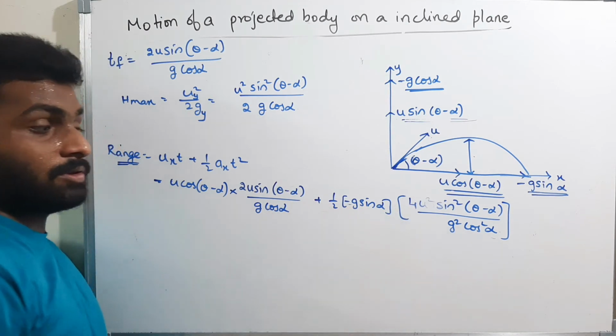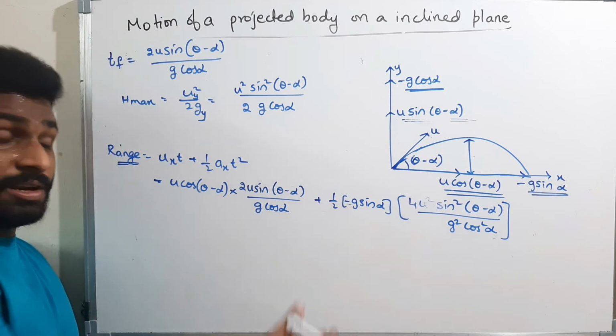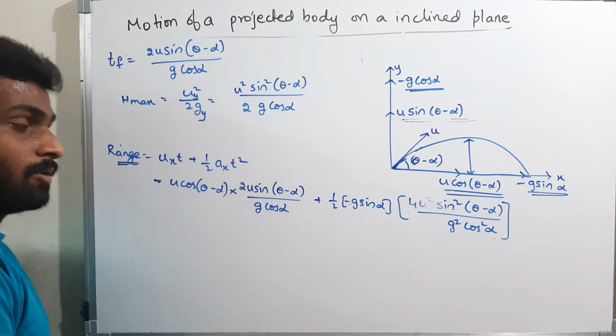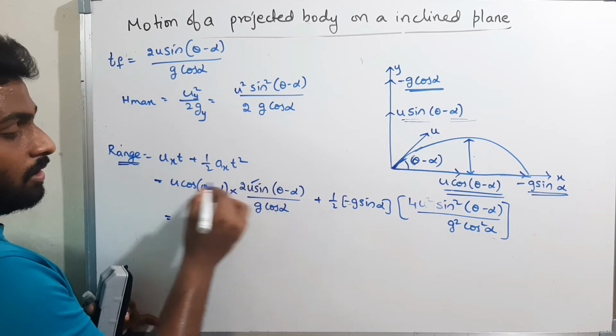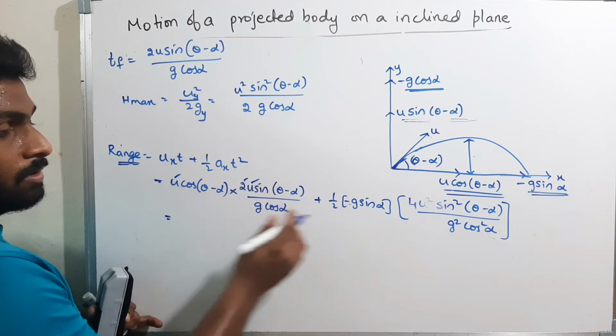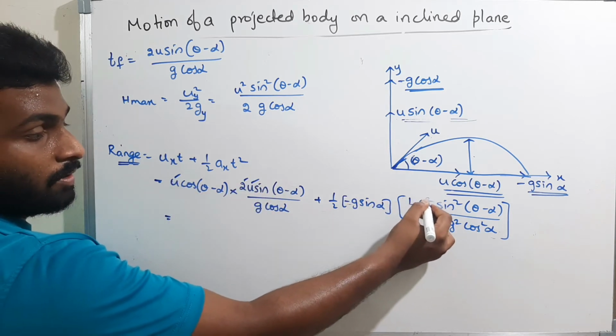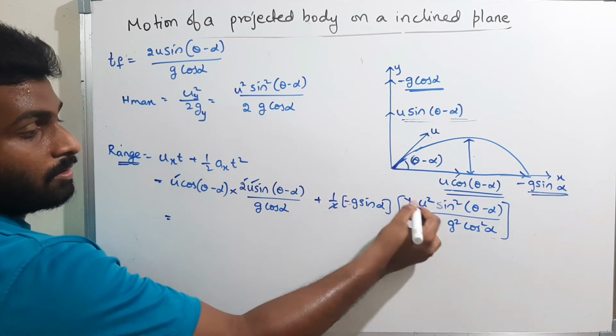Now I got the equation, and I have to solve it. This is a very lengthy process. Taking u, here also u, here 2, here u square, and half with 2 cancelled off.